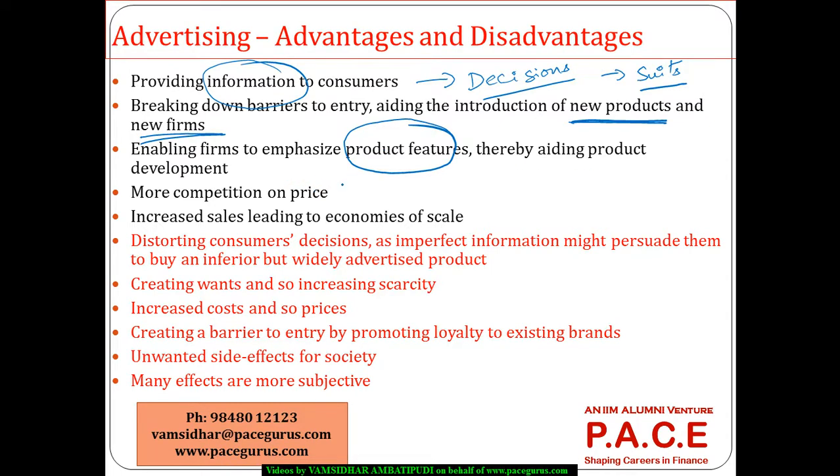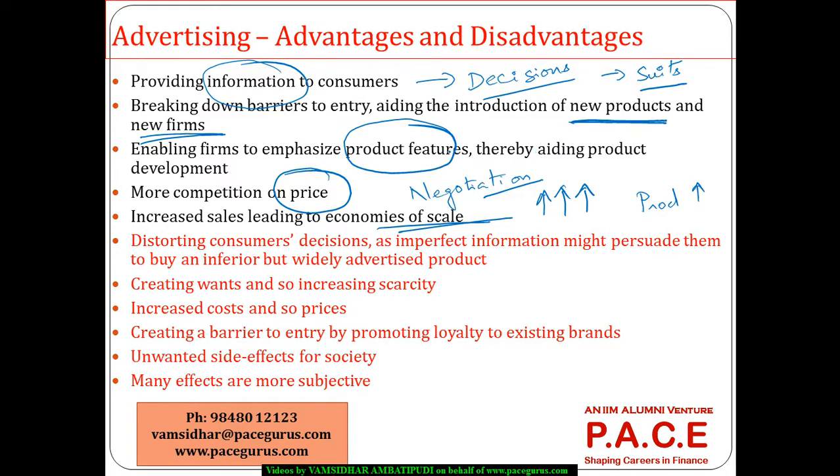And because I know what all my competitors are advertising on, what the strategies of my competitors are, the pricing becomes more and more competitive, right? Some kind of negotiations by the customers can happen based on the competitors' products as well. And overall, the sales is going to increase because lots of people are becoming aware of that particular product. So the production can increase drastically, which is leading to economies of scale.